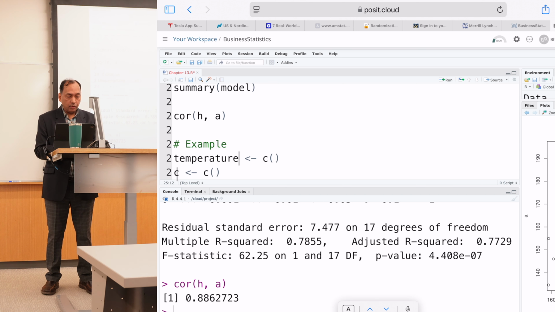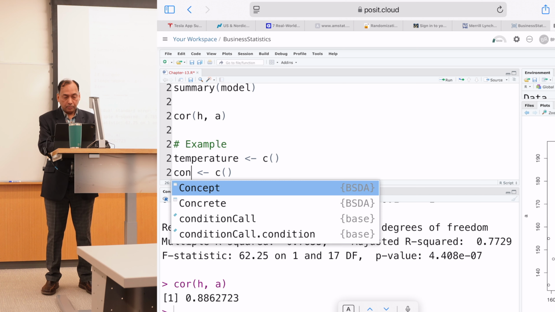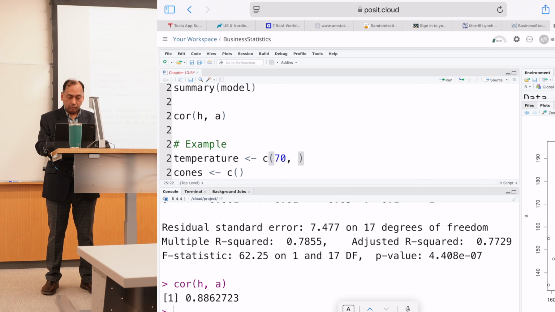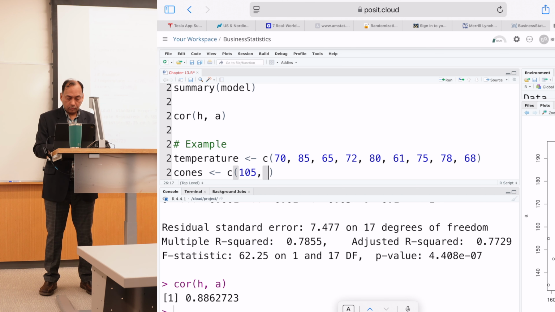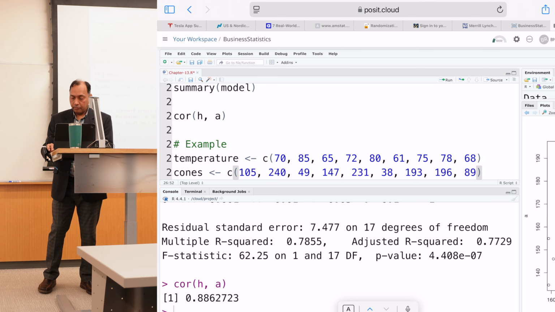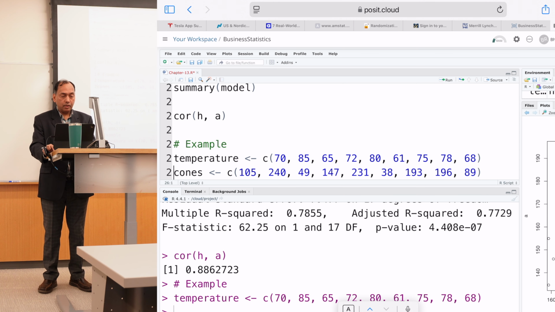And this could be cones. 70, 85, 65. So this is the data we have. So we run these 2 lines.